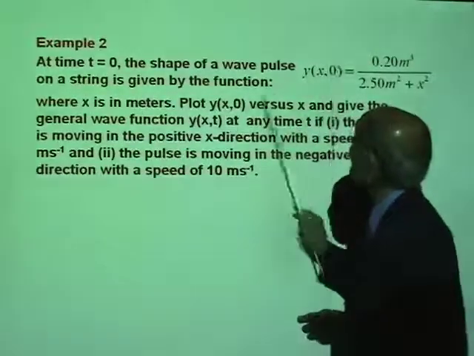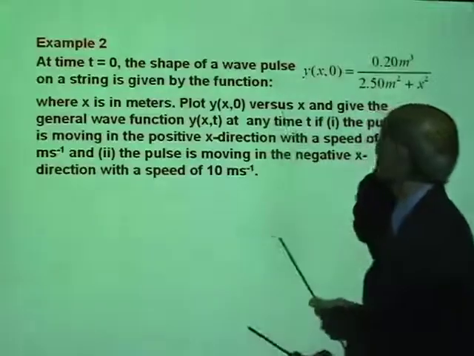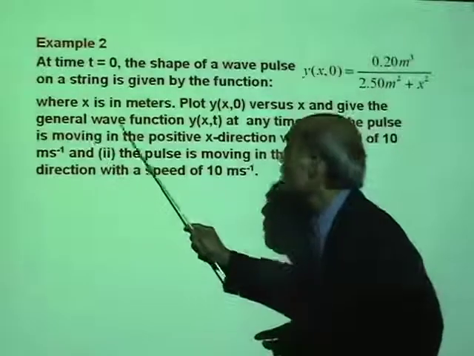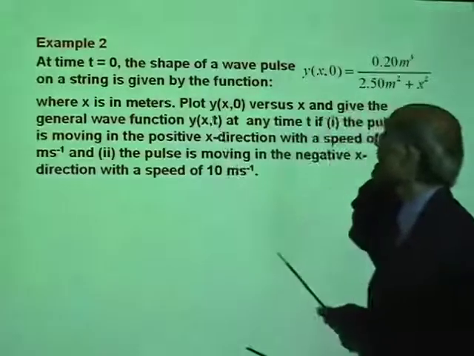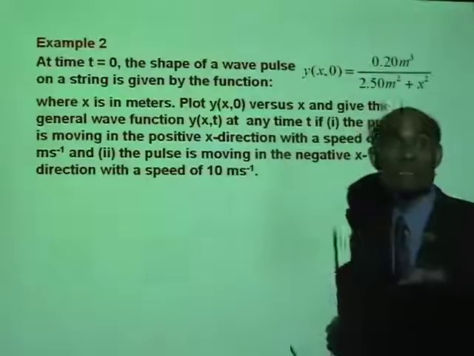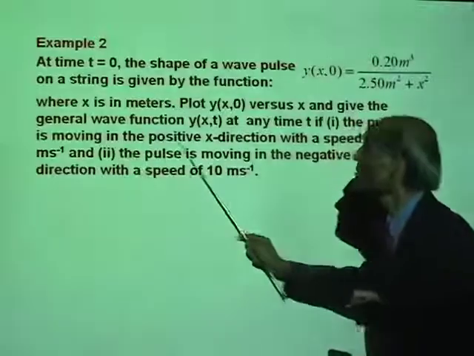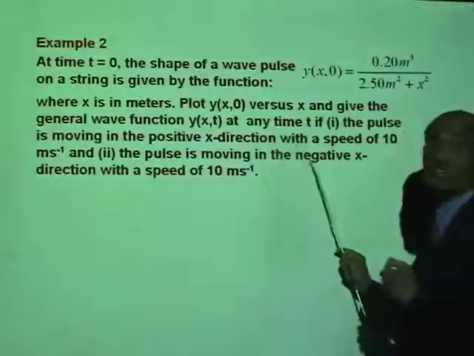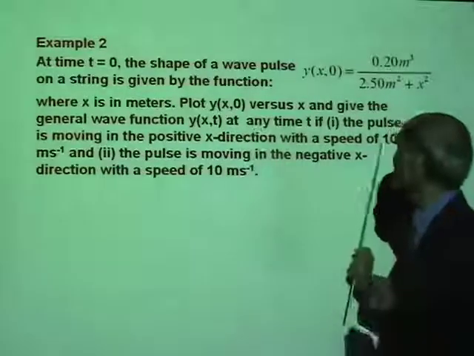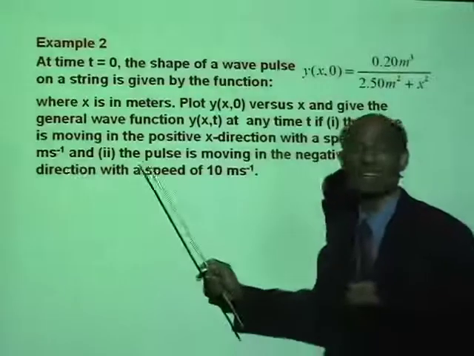Plot y(x,0) versus x and give the general wave function y(x,t) at any time t for a pulse that is moving in the positive x direction with a speed of 10 meters per second.